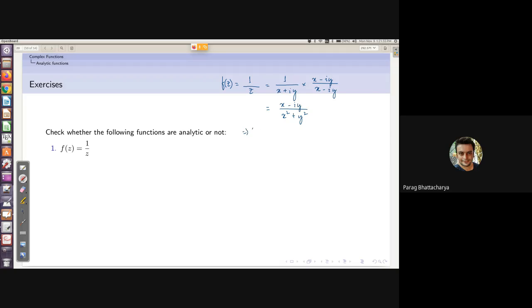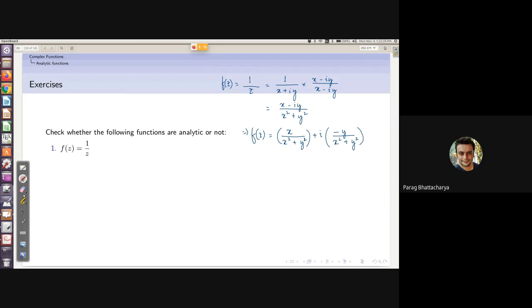Opening this up, f of z can be written as x divided by x squared plus y squared plus i into minus y divided by x squared plus y squared. I can keep the minus sign inside. So this is the complex function.